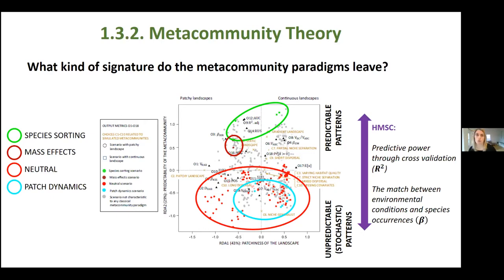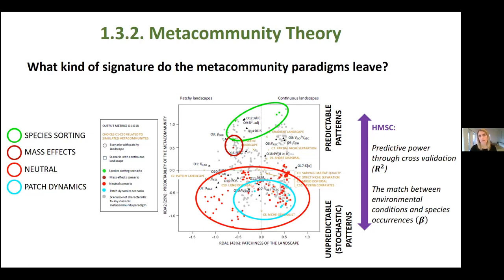And of course, we have more predictive power when the environment has a big effect on our species community, which we measure through these beta parameters, which are going to become your best friends in the coming days.